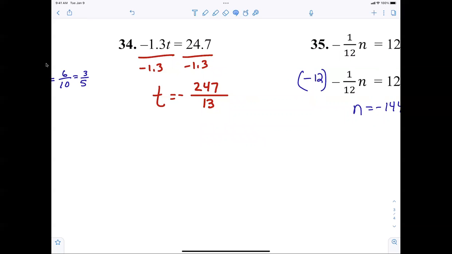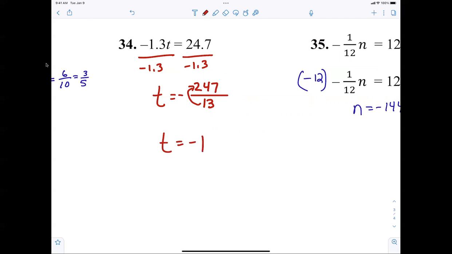Okay, now this one's kind of annoying because 13 is hard. Does everybody agree? Not many people know the multiples of 13. So what we're going to do is 13 goes into 24 how many times? Once. So I have negative 1.